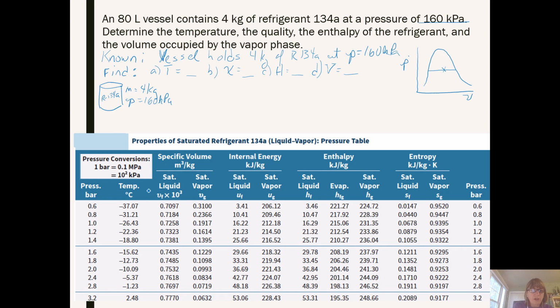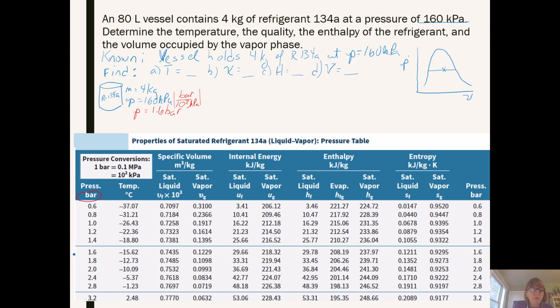So here we're at 160 kilopascals. The table is in bar, so we're going to go ahead and convert this. 100 kilopascals is a bar, and so our pressure is 1.6 bar.